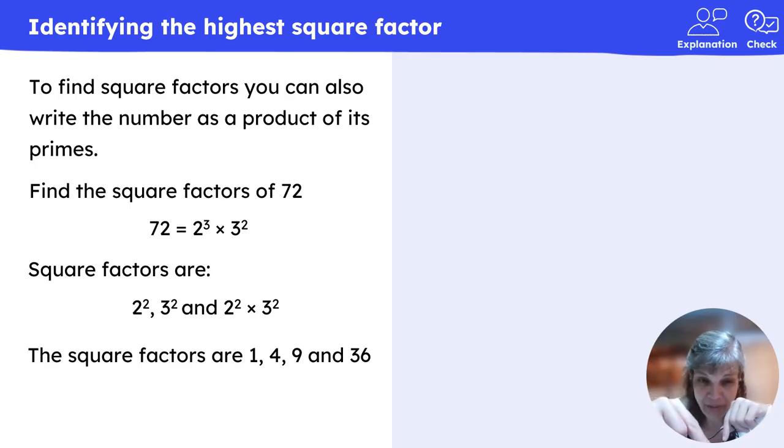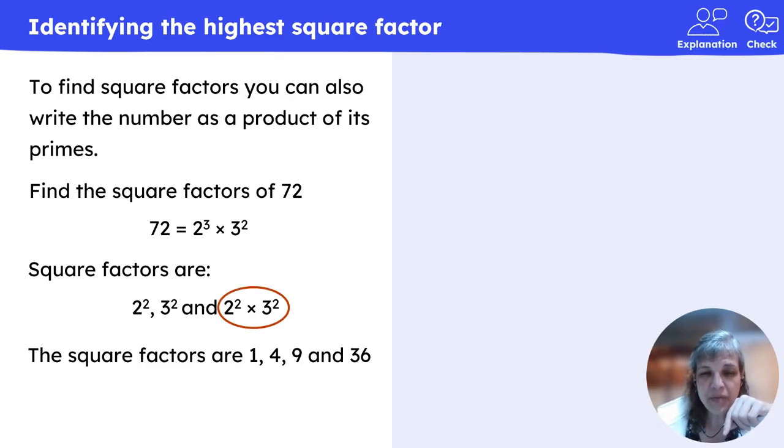You could take a 3 squared, that's your 9. Or you could take 2 squared times 3 squared, and that's your highest square factor. So if you express it as a product of its primes, especially with a big number, this is sometimes helpful. And then you can see what the biggest square factor is by looking at those prime factors.